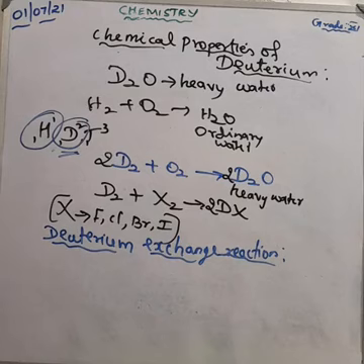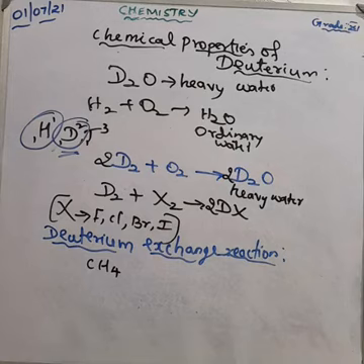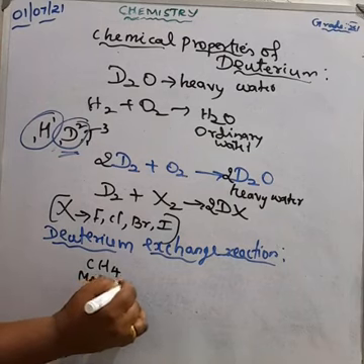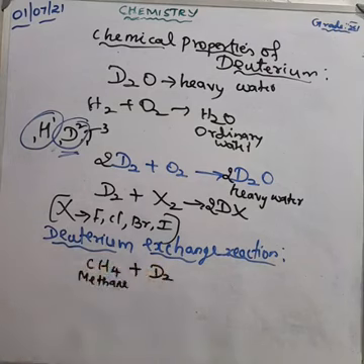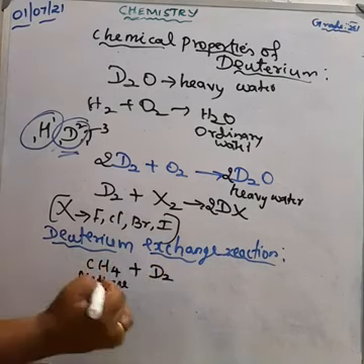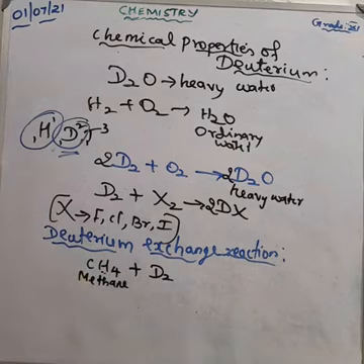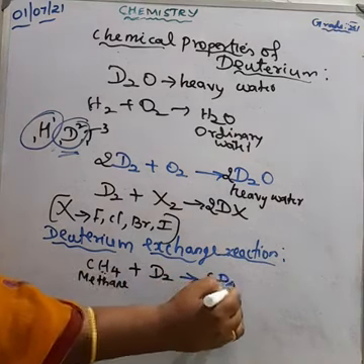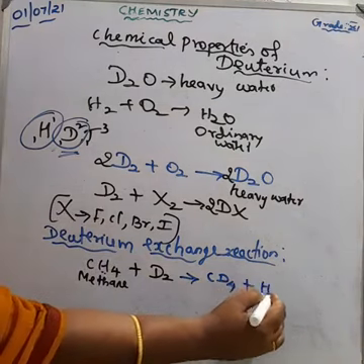For example, I am taking methane. What is the formula for methane? CH4. When methane combines with deuterium, the deuterium atom can completely replace the hydrogen atoms in methane to form CD4, and it liberates hydrogen gas H2.